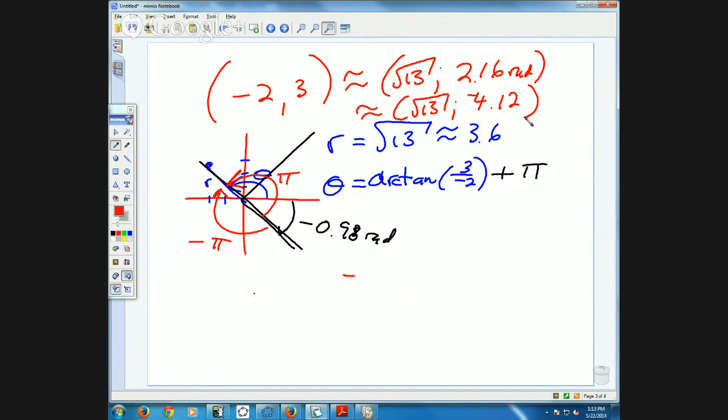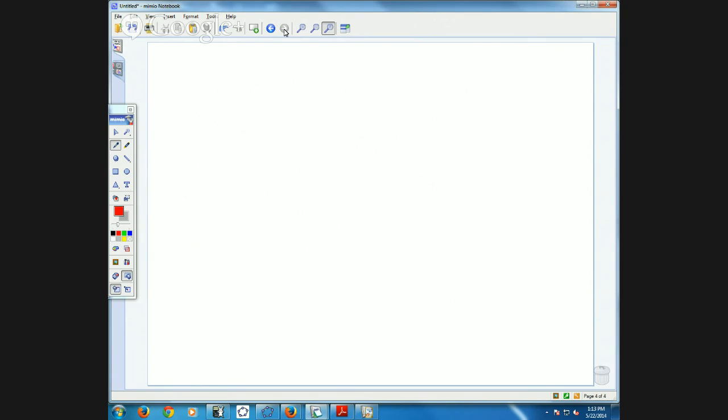Well, it gives us some really cool possibilities, but it also gives us some problems that we have to contend with. So for example, earlier I looked at the point (8, pi over 6). That's the same point as 8, and then add 2 pi to that, which gives us 13 pi over 6.